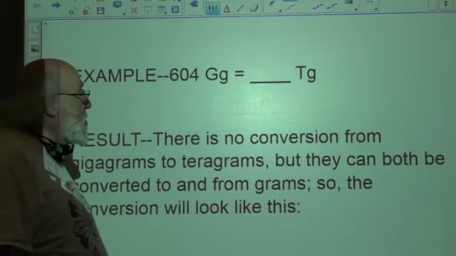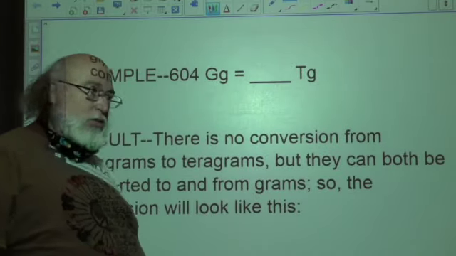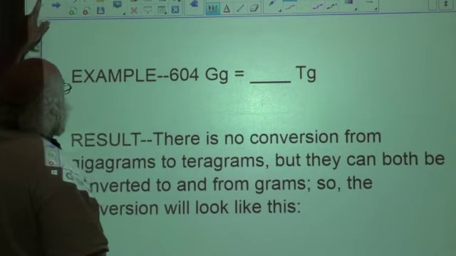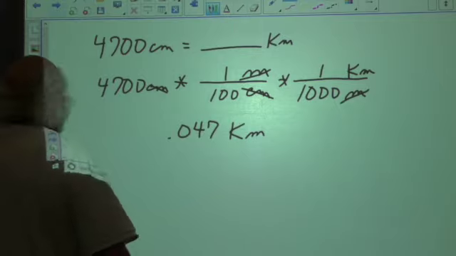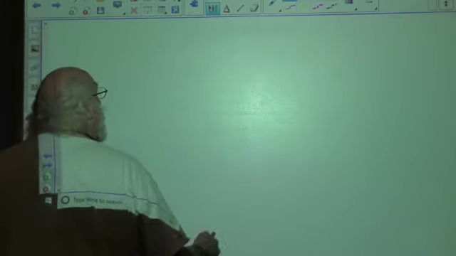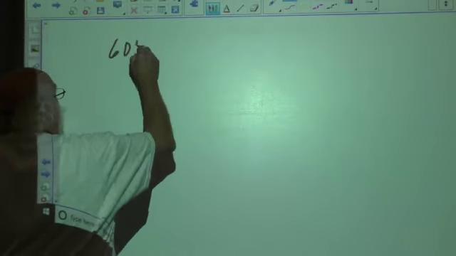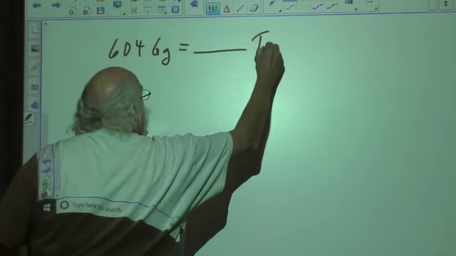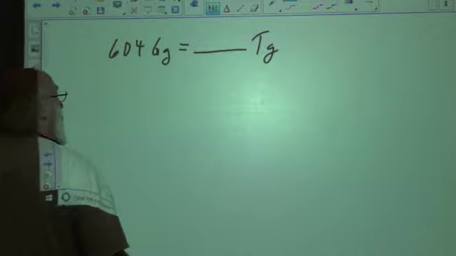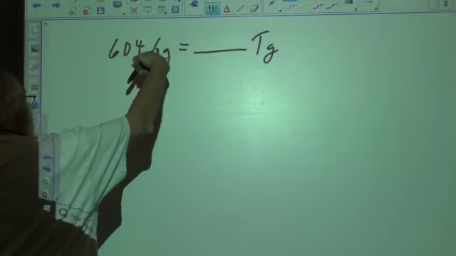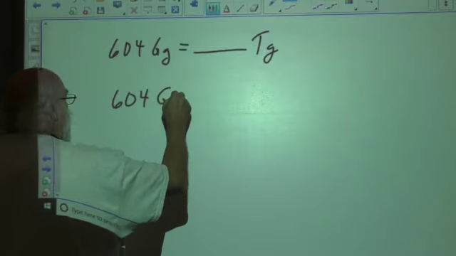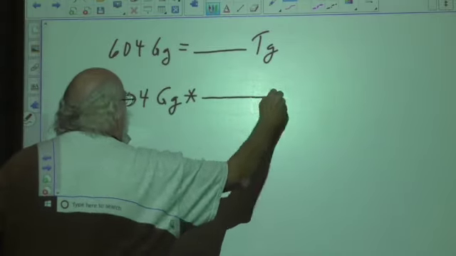604 gigagrams equals how many teragrams? Okay? 604 gigagrams to teragrams. So now, again, write down this value right here underneath the problem. Times fraction line.